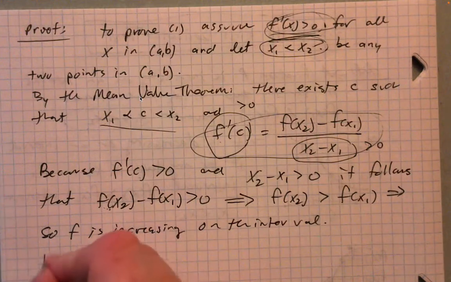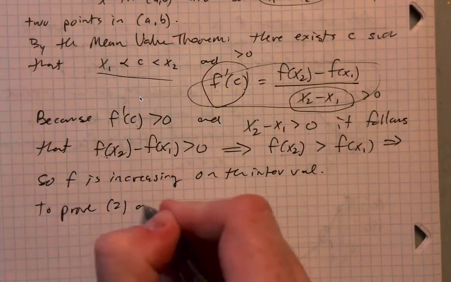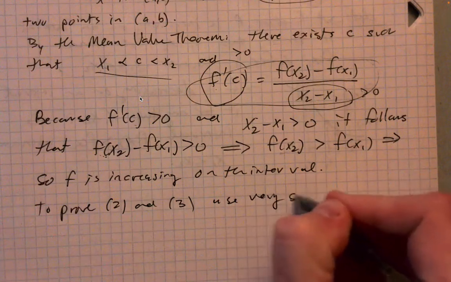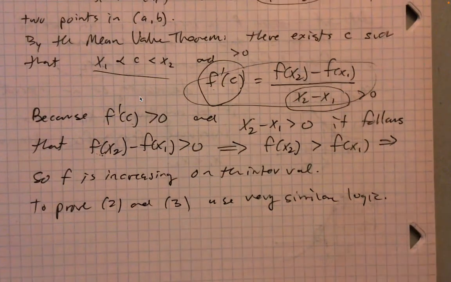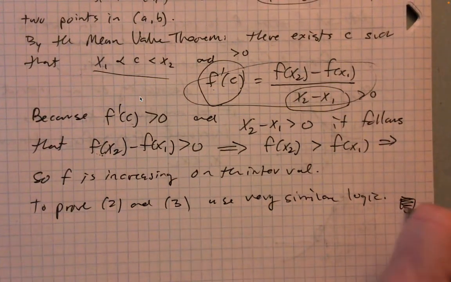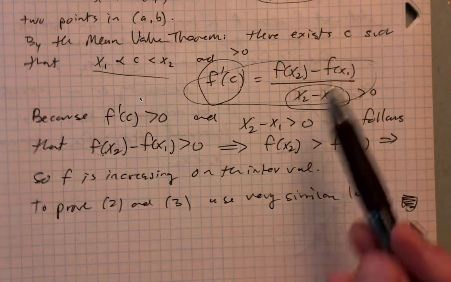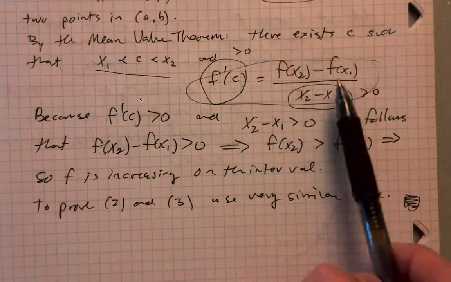Okay, now to prove 2 and 3, you can use very similar logic. We'll call that the end of the proof for now. You can go and verify 2 and 3. Statement 2 is almost identical to this, just flip some of these assumptions.